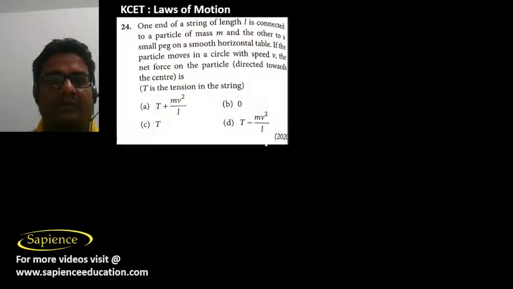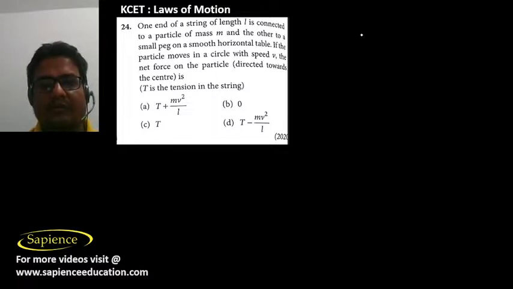Then we shall solve the last question of our live class. Here it is told that one end of a string of length L is connected to a particle of mass m, and the other to a small peg on a smooth horizontal table.